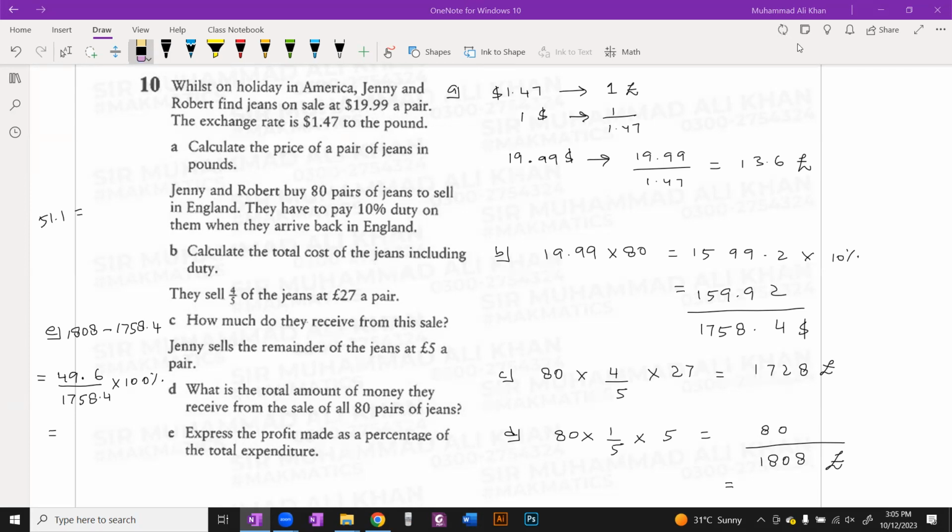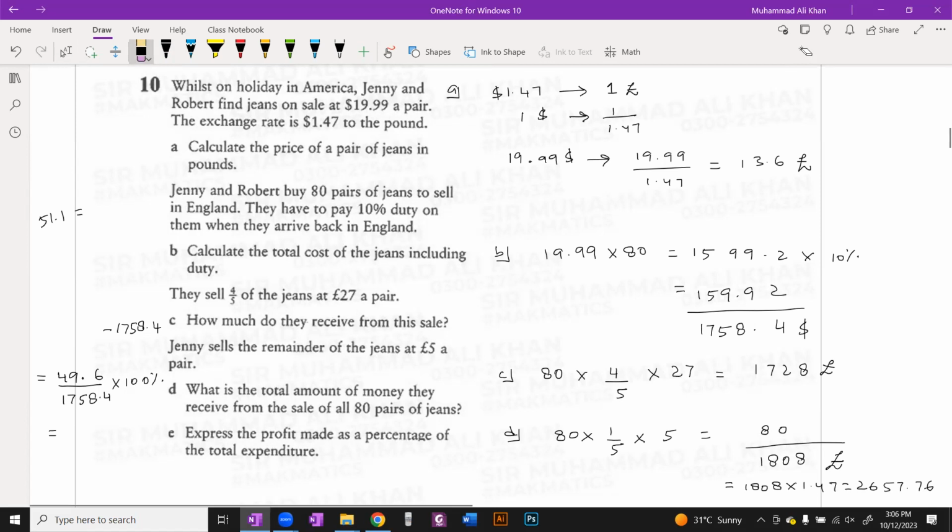So first convert 1808 pounds into dollars. So conversion will be 1808 multiplied by 1.47.